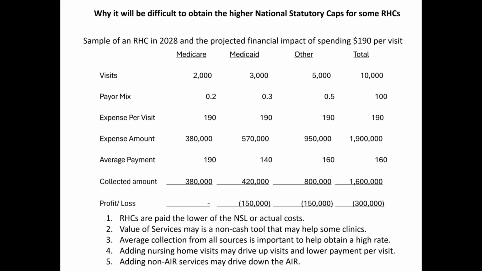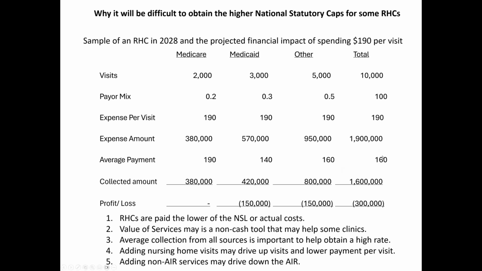Our Medicaid rate, and I always say, if you've seen one Medicaid program, you've seen one Medicaid program. And so I'm using 140. Your state may be completely different, but I'm just going to use 140 for right now. For your commercial insurance, I'm going to use 160.